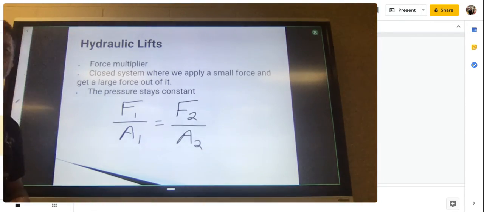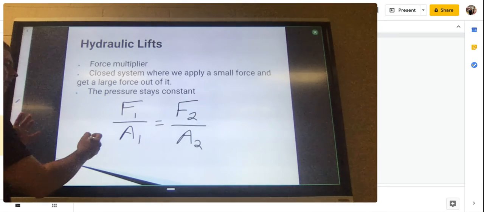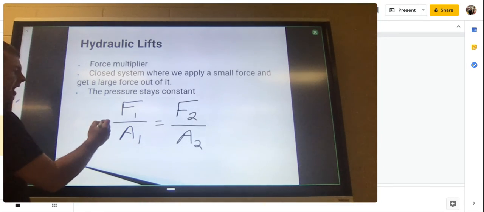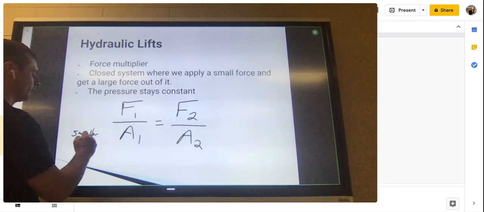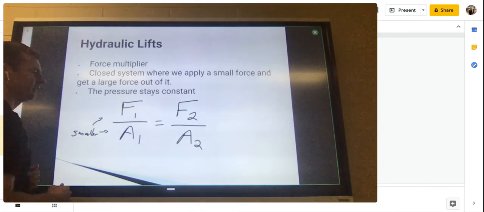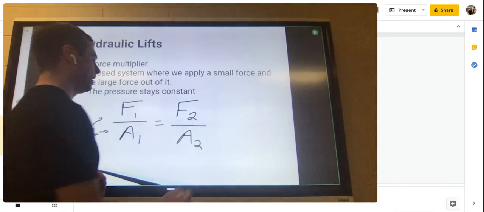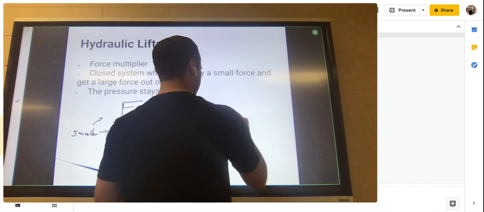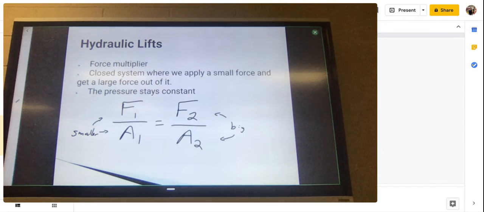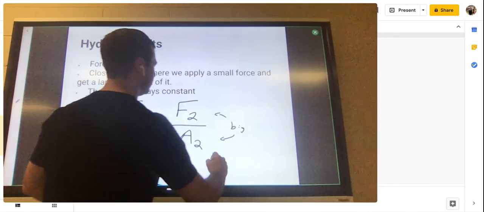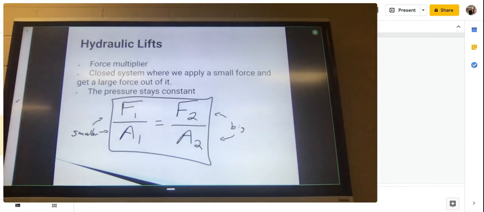Usually one of these sides is going to have a smaller force and area, and the other side is going to have a big force and area. That's the idea behind a hydraulic lift. So that first equation is what you are going to write down.